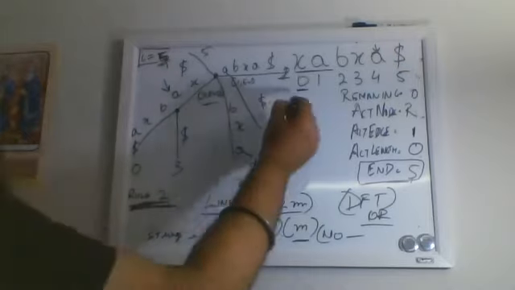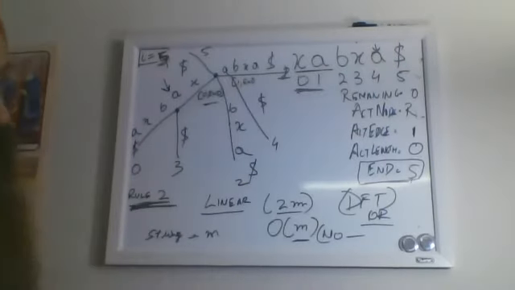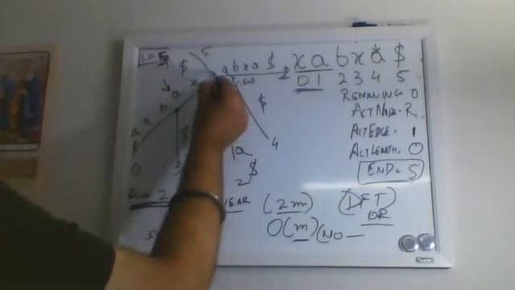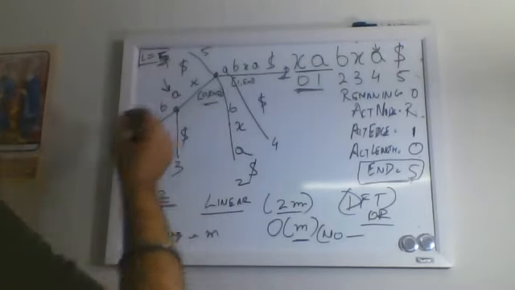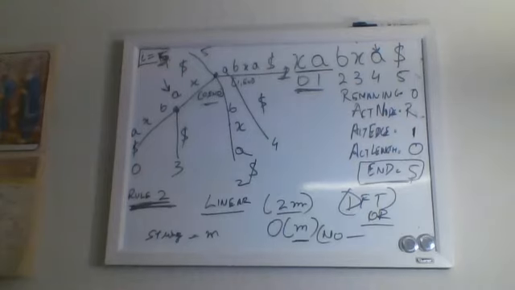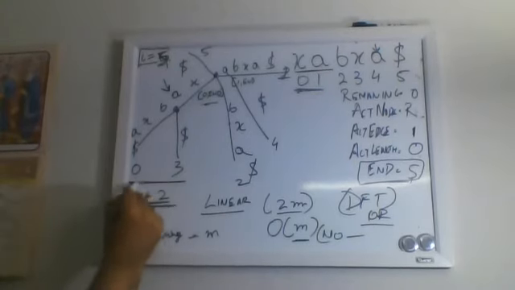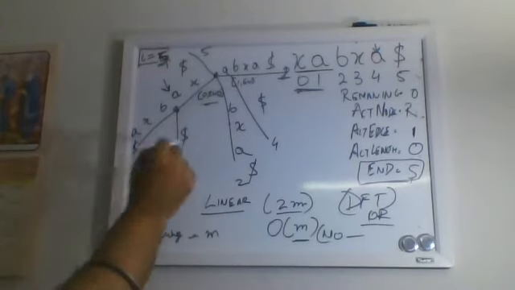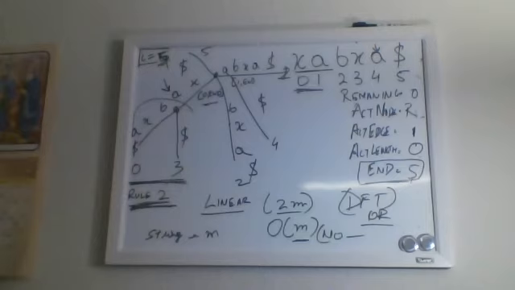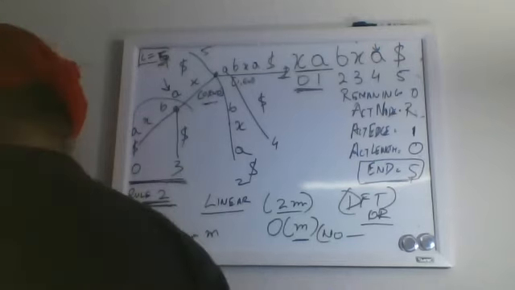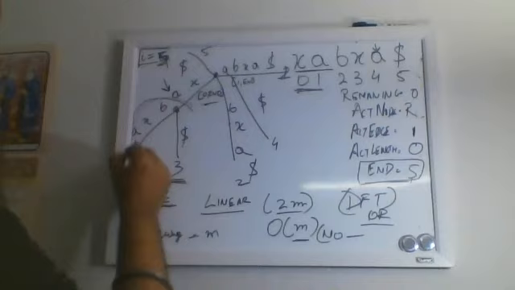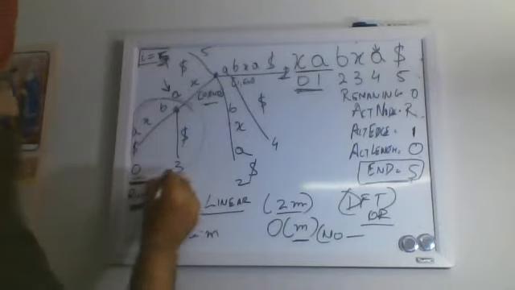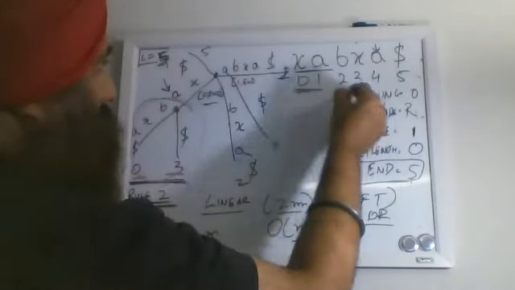Suppose you have to find all occurrences of XA in XBXA. So you just create a suffix tree. Then you start matching the pattern from the root. You go down and you see at this node XA exists. So all the values of leaf nodes in that subtree will tell you the locations at which XA exists. So XA exists at 0 and 3.